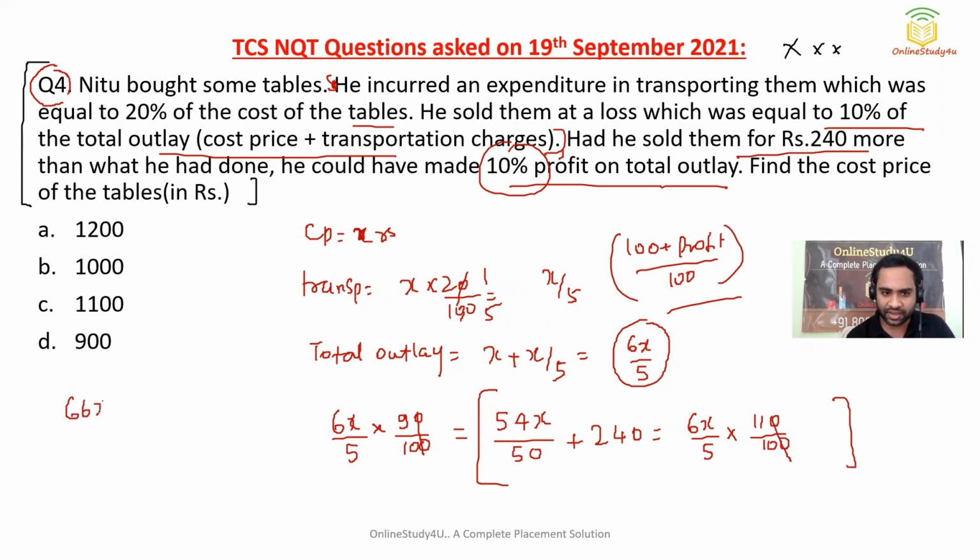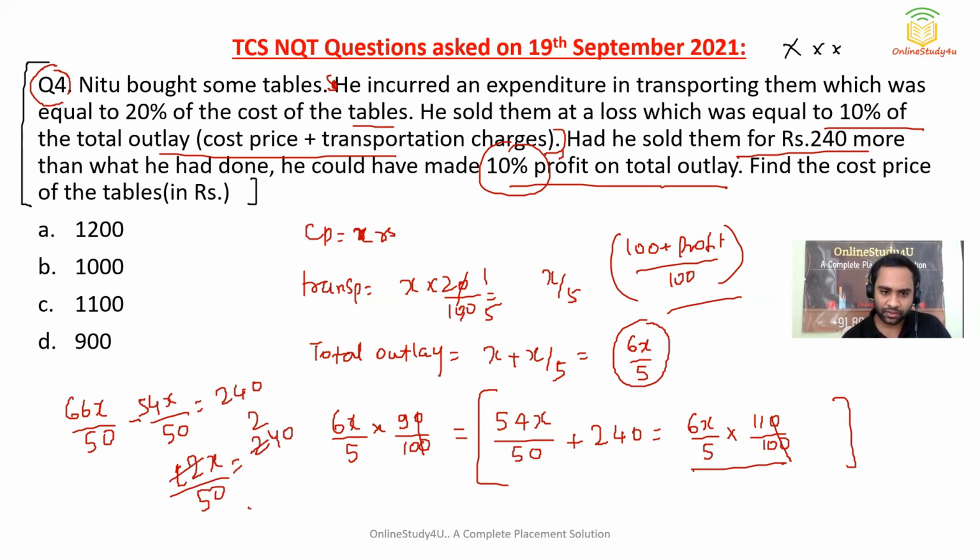So 66X by 50, this part I solved, minus 54X by 50 will be equal to 240. So 6 minus 4 is 2 and 6 minus 5 is 1. X by 50 will be equal to 240, so X will be equal to 20 into 50, which is nothing but 1000 rupees. So 1000 rupees was the cost price.